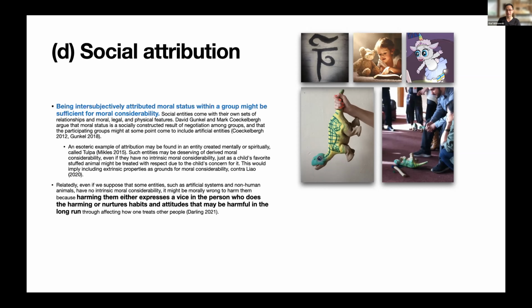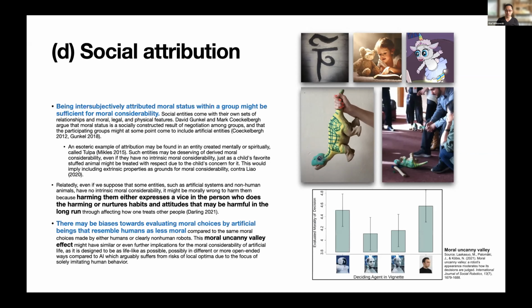Those social entities that are essentially imaginary friends: because you care about them, maybe other people should care about them too, otherwise they would hurt you. And maybe a more direct example, I'll jump into that in a second, is prosthetics or extensions of our mind. But before that, there is the example of the uncanny valley.